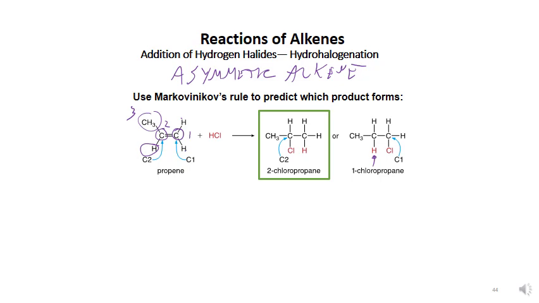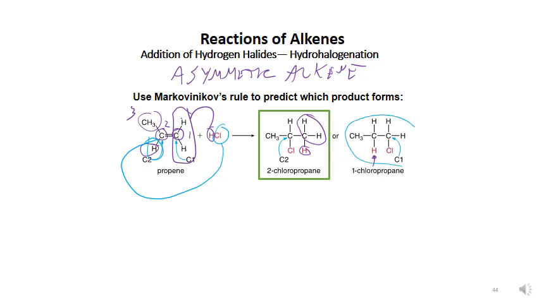So notice that the H likes to go onto the carbon that has 2 hydrogens on it, whereas the Cl is going to want to go on the carbon that only has 1 H on it.